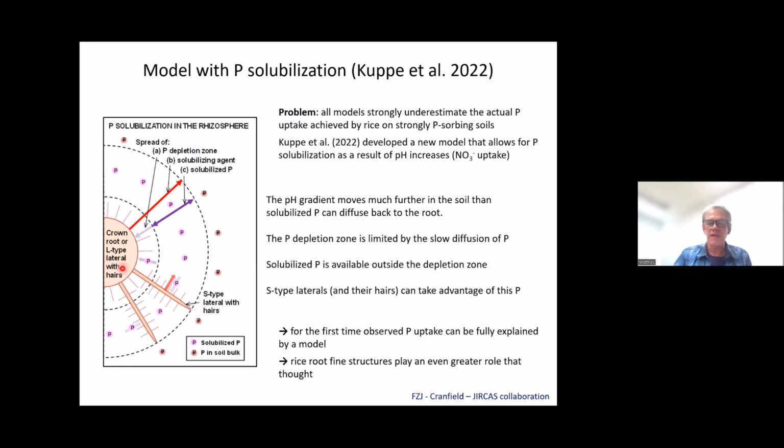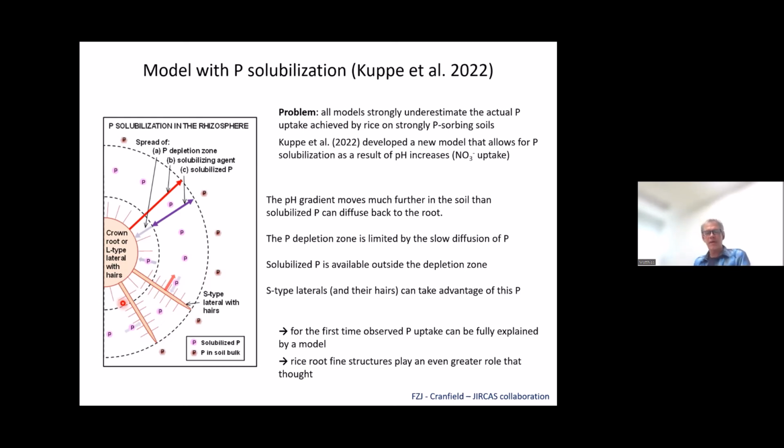And now the trick is that there's some synergism between this pH change and the solubilization and having these S-type lateral roots, particularly if these have hairs, because these small root structures take up much less nitrate and affect the pH to a much lower extent than a main root, but these roots extend into these solubilization zones and can mop up the P that was solubilized because of the action of the main root.